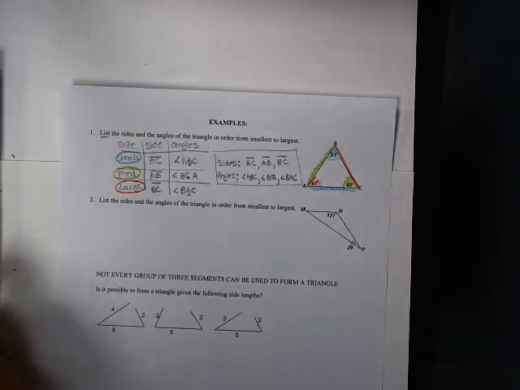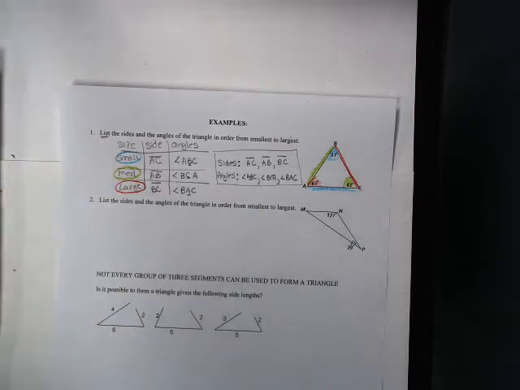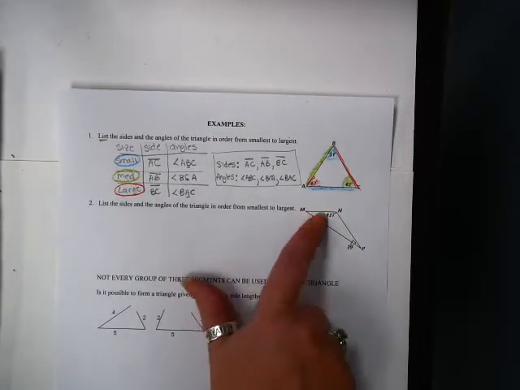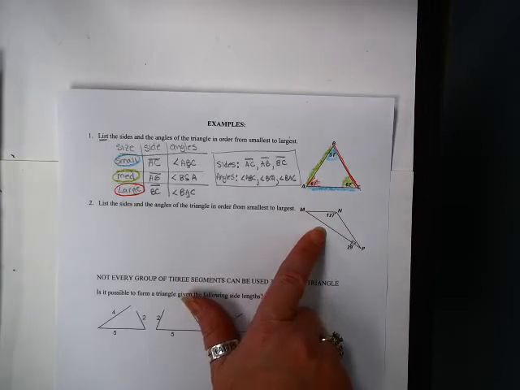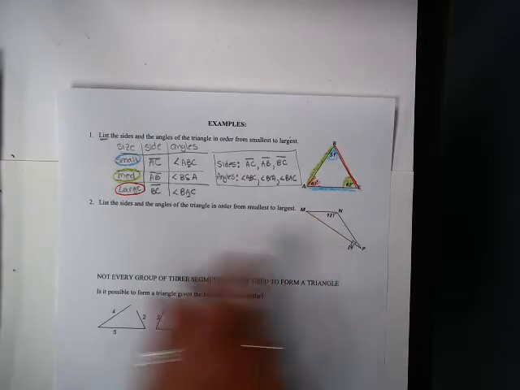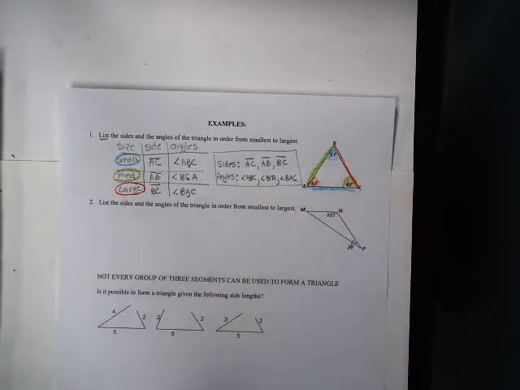Okay, next. In the next one, I'm going to use the same trick, but there's an extra step I have to do. Remember, not all diagrams are drawn to scale. Looking at this, you're probably thinking that's the smallest side, that's the medium side, and that's the large side, but you have to have proof. So you actually have to use your triangle sum theorem to figure out the missing angle.